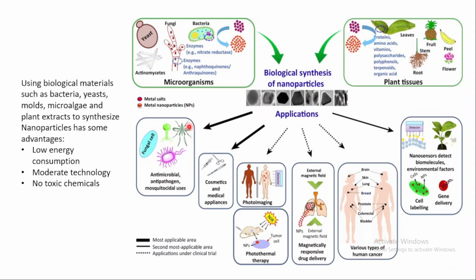We can spray it on ponds and all to kill mosquitoes. Cosmetics and medical appliances. Many nanomaterial based products are used in cosmetics and medical appliances for effective delivery of whatever enzymes and particles that we need.